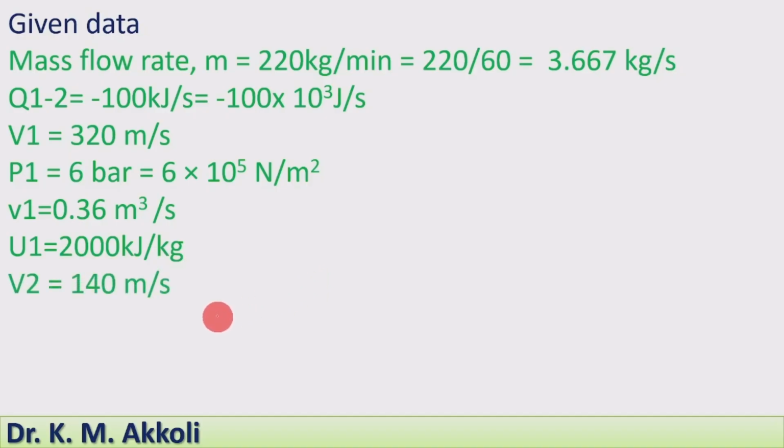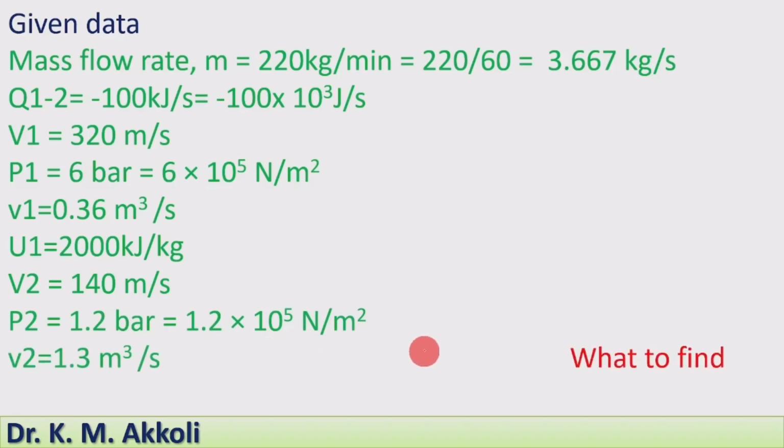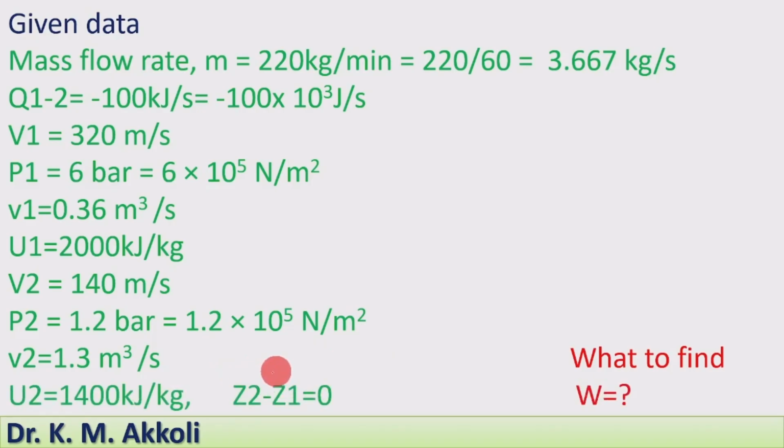Then V2, velocity at the outlet, is 140 meter per second. P2 at outlet is 1.2 bar, that is 1.2 into 10 raised to 5 Newton per meter square, specific volume v2 is 1.3 meter cube per kg, and internal energy U2 is 1400 kilojoule per kg. The change in potential energy Z1 minus Z2 or Z2 minus Z1 will be equal to 0.